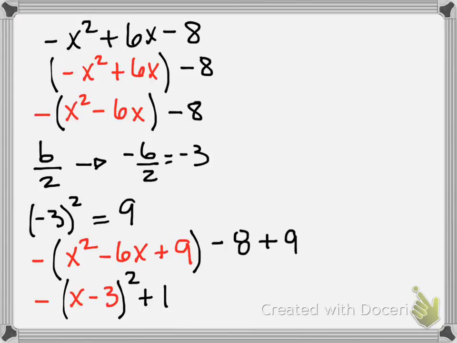And that is your vertex form right here. If they ask you for the vertex in this case, because it's always the opposite of h, it will be 3, 1. That is going to be the vertex. All right?